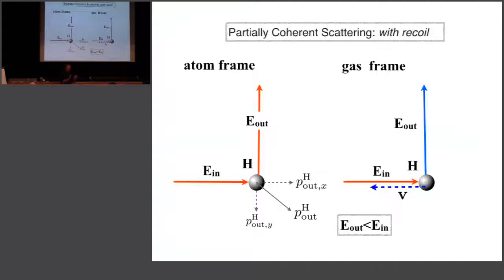So there is some transfer of energy from the photons to the hydrogen atom in this case. And so people have, for example, worried that Lyman-alpha scattering in the early universe might heat the IGM, the intergalactic medium, because of this process. That turns out to be not so important, but it's something that happens. For the Lyman-alpha transfer that we're going to discuss in galaxies, this effect is never important.